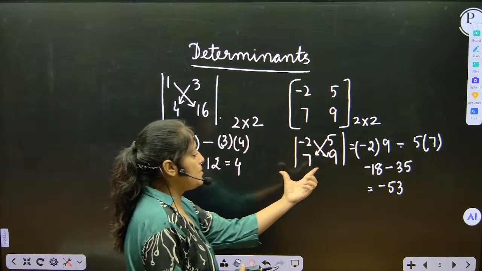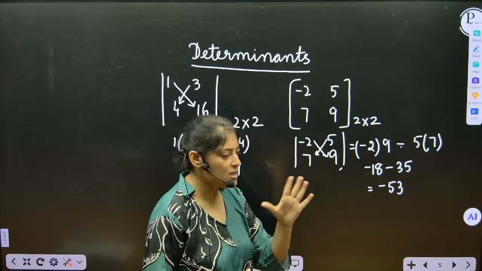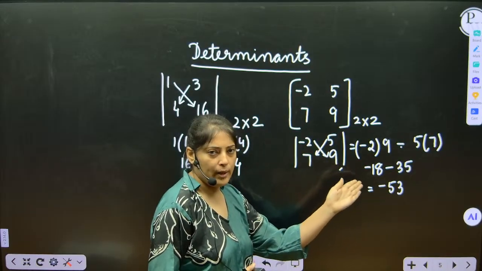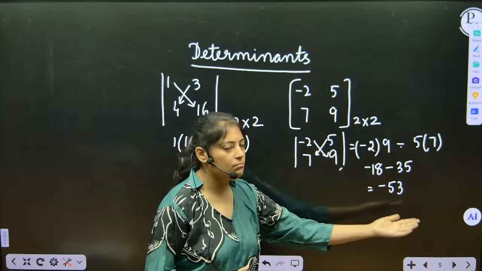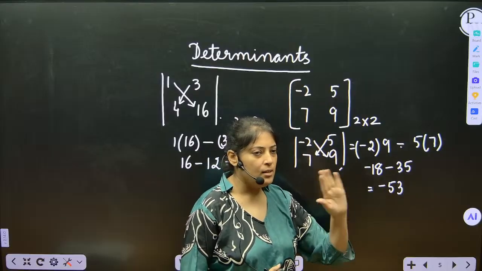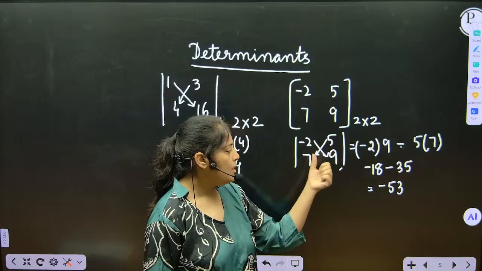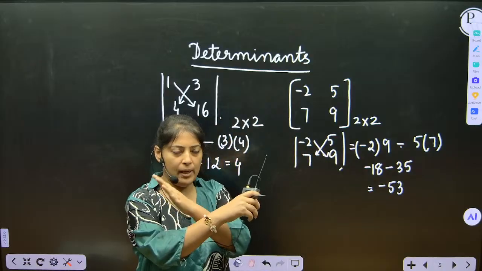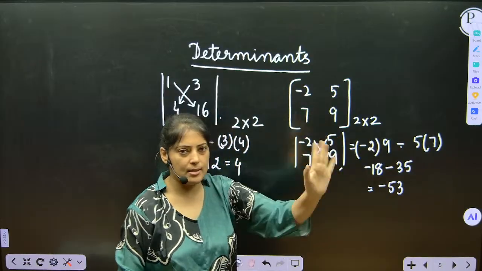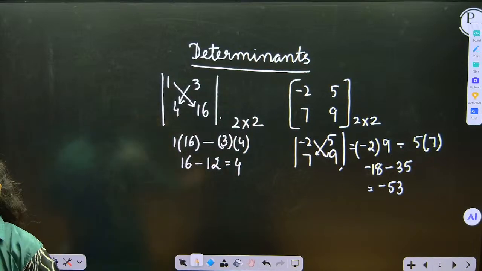The determinant can take a negative value also. This does not mean that I am taking the modulus. This is not modulus. Few people get confused, thinking it is a modulus so we have to write it as a positive value. No, this is not a modulus. What we have to do is multiply diagonally and subtract. That's it. The determinant can be negative also.